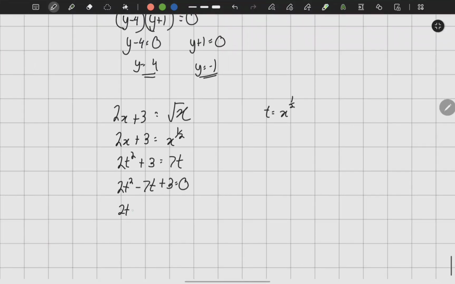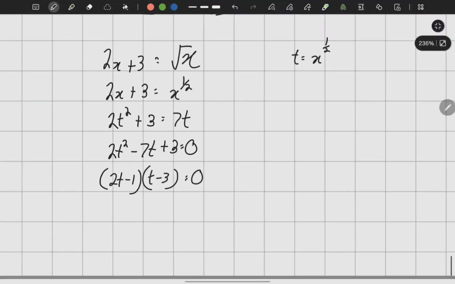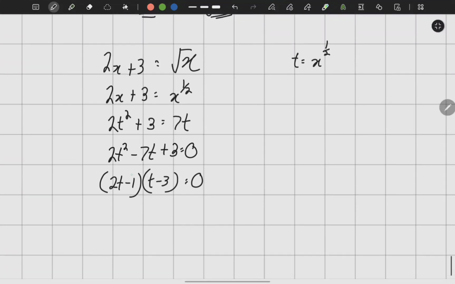Then we have 2t minus 1 and t minus 3. It's a bit hard to see, but we would have 2t and t, because that's the only thing that makes 2t squared. And then minus 1 and minus 3 because they make 3. And this becomes minus 6t, and this makes it a minus 7t.